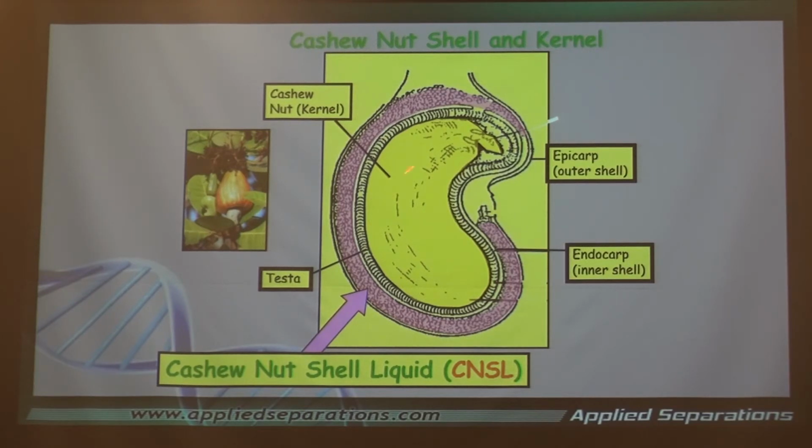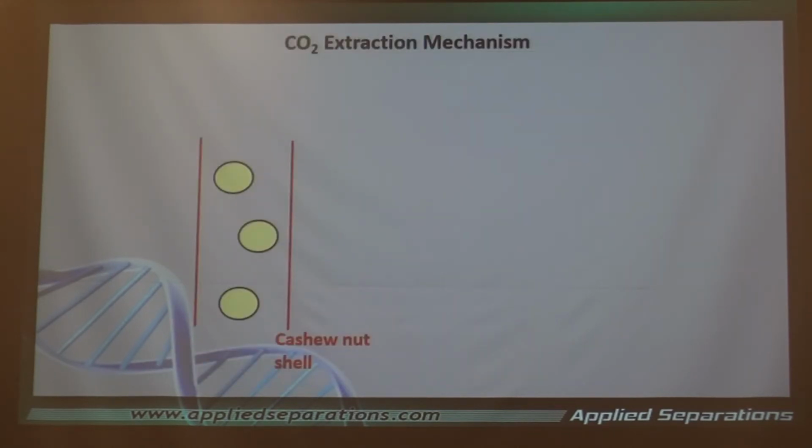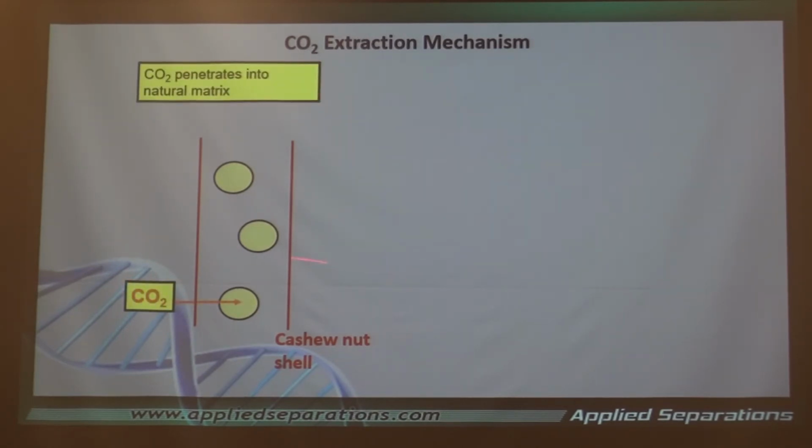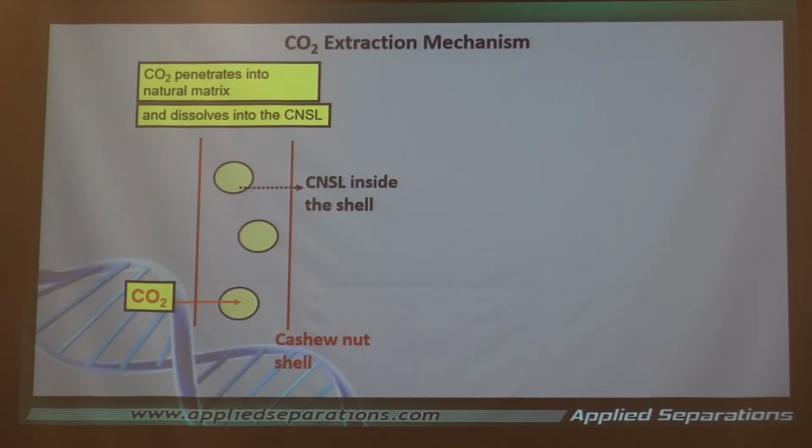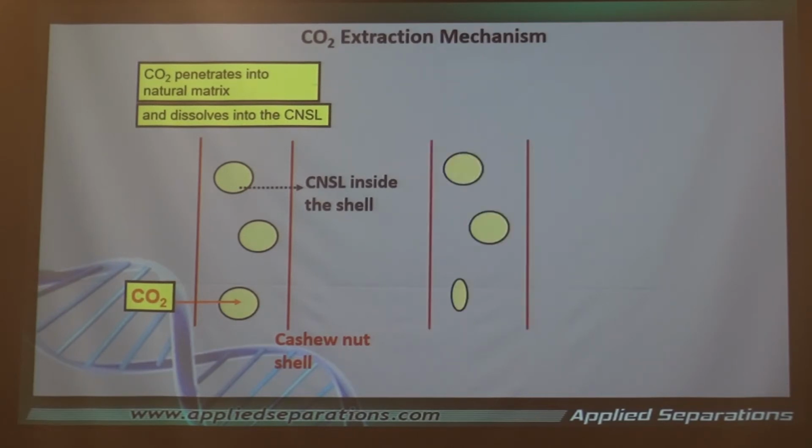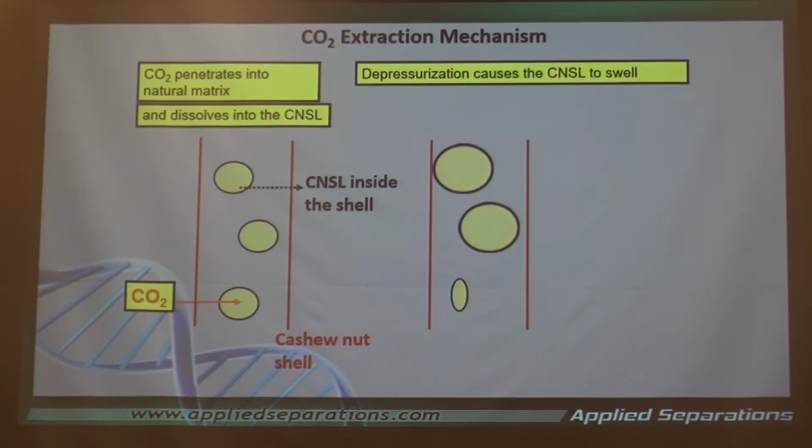Getting this out without taking it out of the nut is an interesting, difficult problem. An easy way of doing this is an extraction mechanism where we keep it at a lower pressure. The CO2 penetrates into this shell, inside of the vesicles. It dissolves the oil, and what we wind up doing in this particular case is depressurize, which causes it to swell.